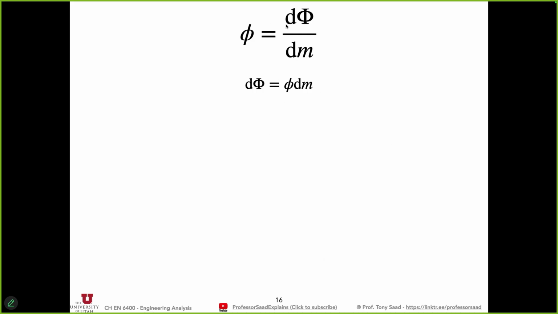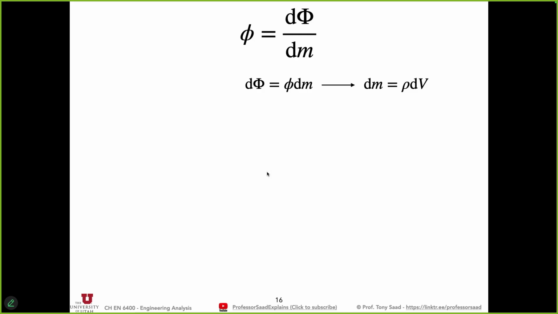So all I did was take the product of this fraction. So d capital phi is phi dm. Now dm is an infinitesimal mass in an infinitesimal volume. On a very small volume, dm is simply rho times dv.